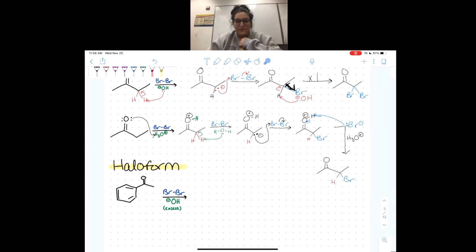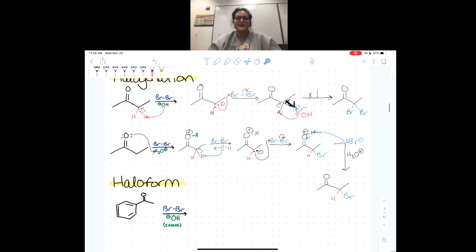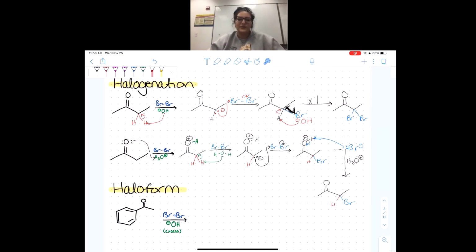Someone said fully, exactly, as many times as there are hydrogens on the stable alpha carbon. Awesome. So while you guys are all correct, how I would say it is we are going to substitute as many times as we have hydrogens on the most stable alpha carbon.